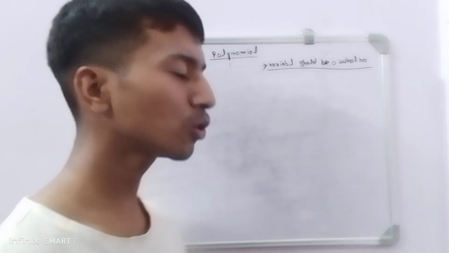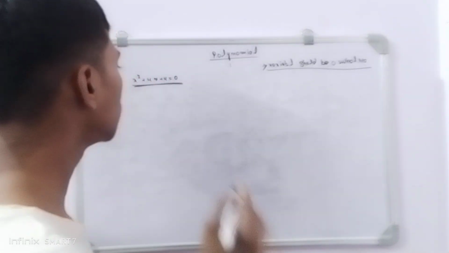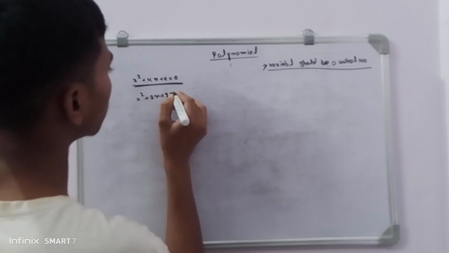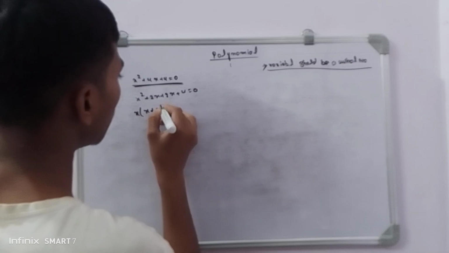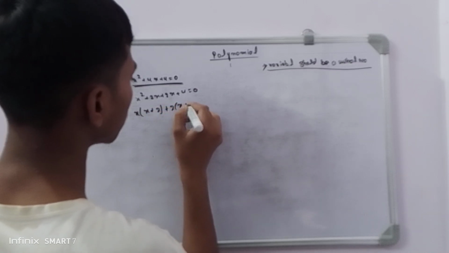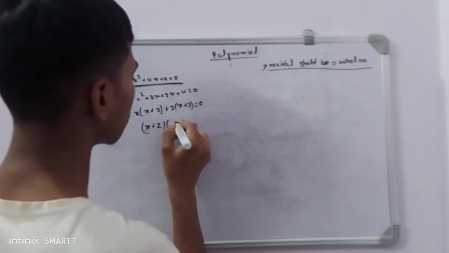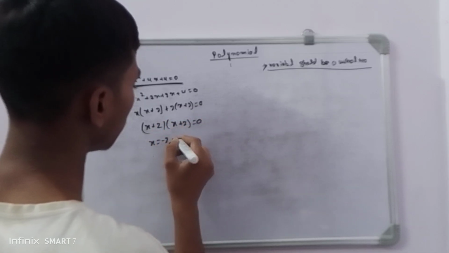For this I will use middle term splitting. So x square plus 2x plus 2x plus 4 is equal to 0. That means x is common, x plus 2, and then 2 is common, x plus 2 again, which can be written as x plus 2 times x plus 2 is equal to 0, and we get the x value as minus 2 and minus 2.